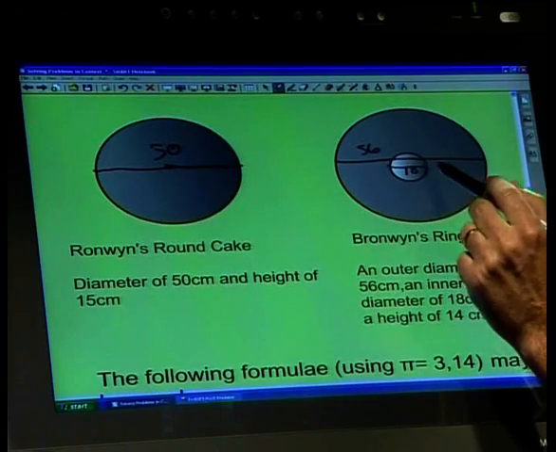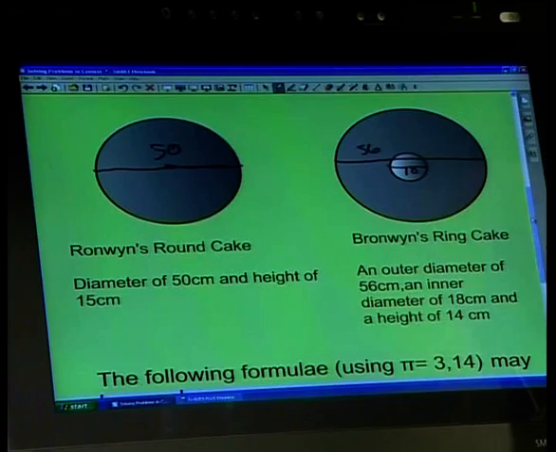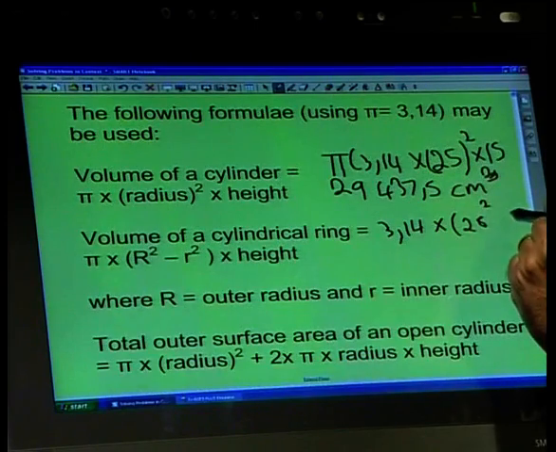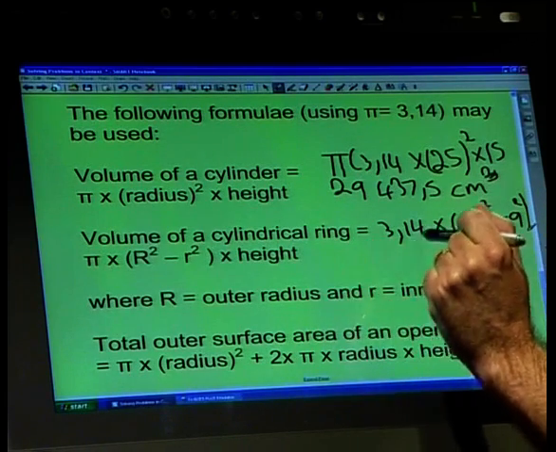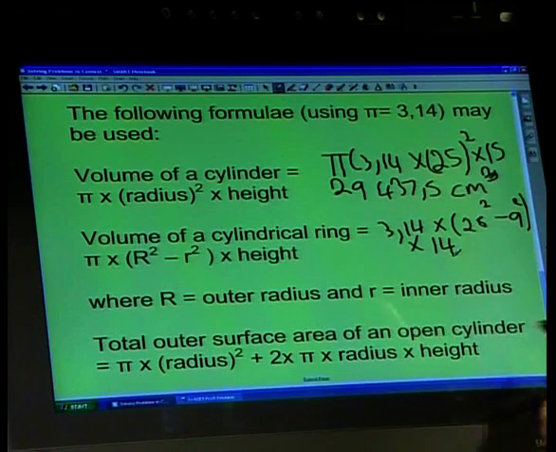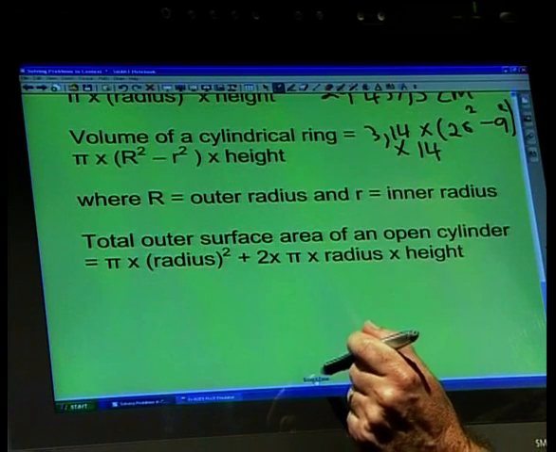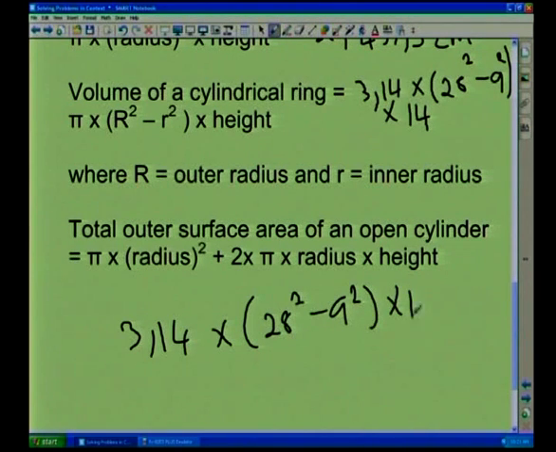And then we're going to have to subtract the inner radius squared, and again we were given the inner diameter, so half of that value, the 18, so minus 9 squared. And again, we must multiply that answer by the height. In this case, it was 14 centimeters. Let me extend a little bit here so we can work with a bit more space. All right, so doing our calculation, we're going to use pi of 3.14 again, and we're multiplying by 28 squared minus the 9 squared times 14.